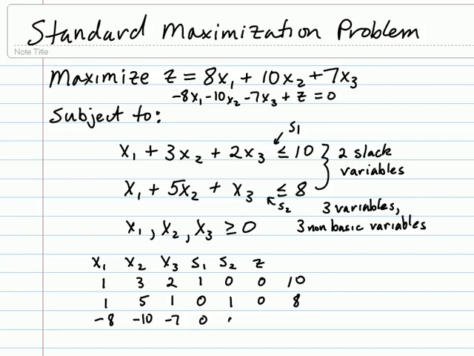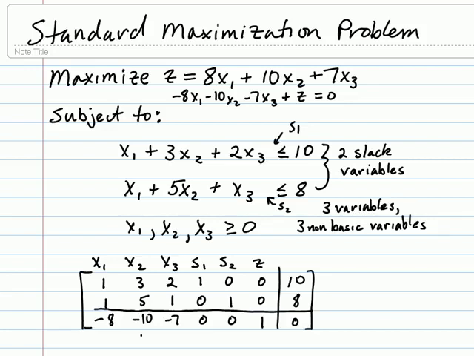There is no slack variable, s sub 1 or s sub 2. We have z, which is 1, and the constant is 0. Now the other markings here are just to help us identify the important parts of our tableau. It separates out the last row, which will be used for observation purposes, and the last column.